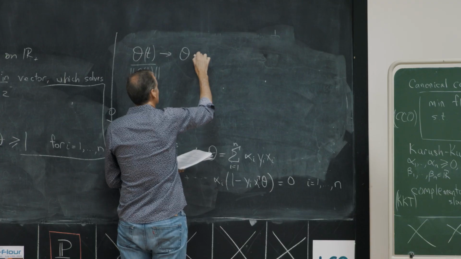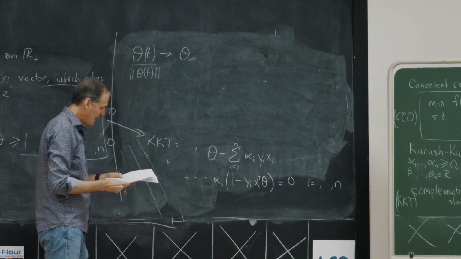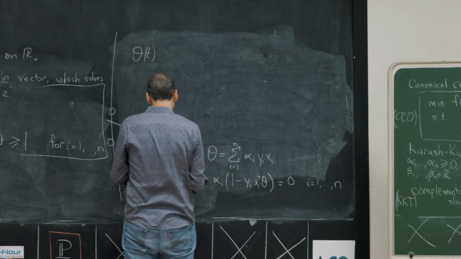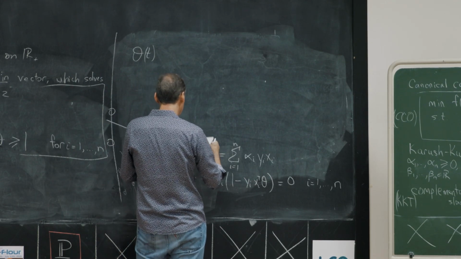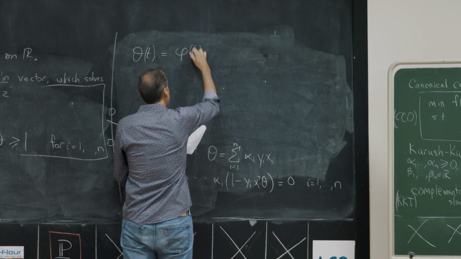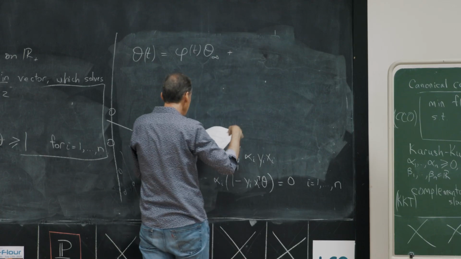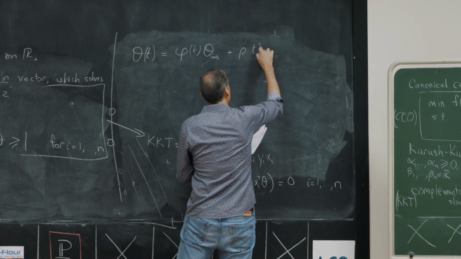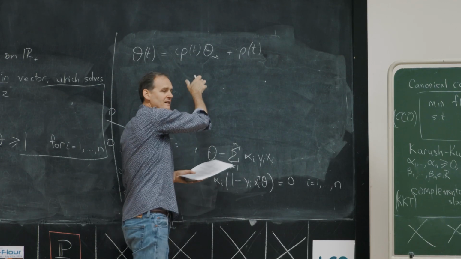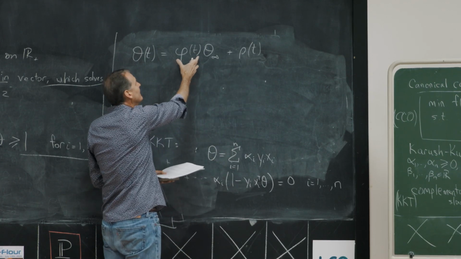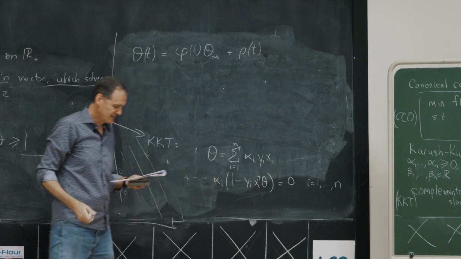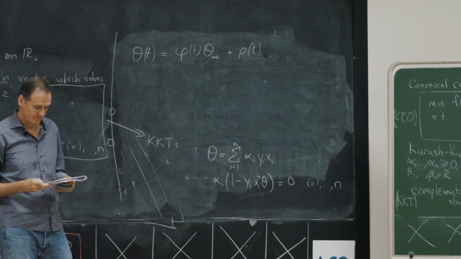If theta t approaches some direction theta infinity, then maybe we've got some function phi of t times theta infinity plus some other little residual fluctuations. This is something that's dominated by this, right? This is a vector, this is a scalar, but the magnitude of this goes to infinity, where this one, let's say, is bounded.